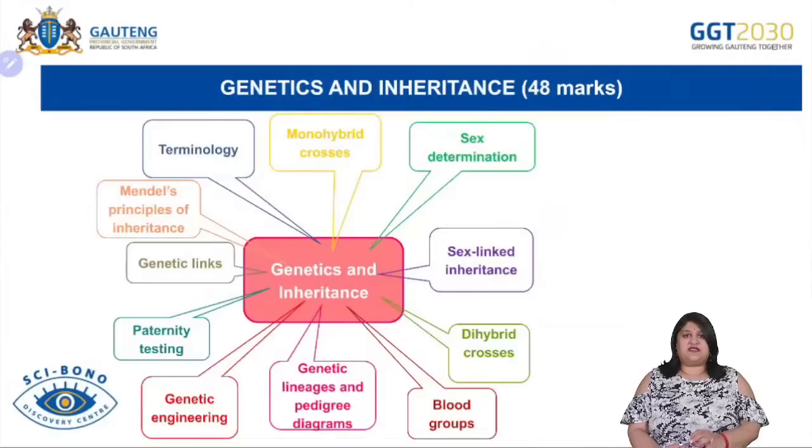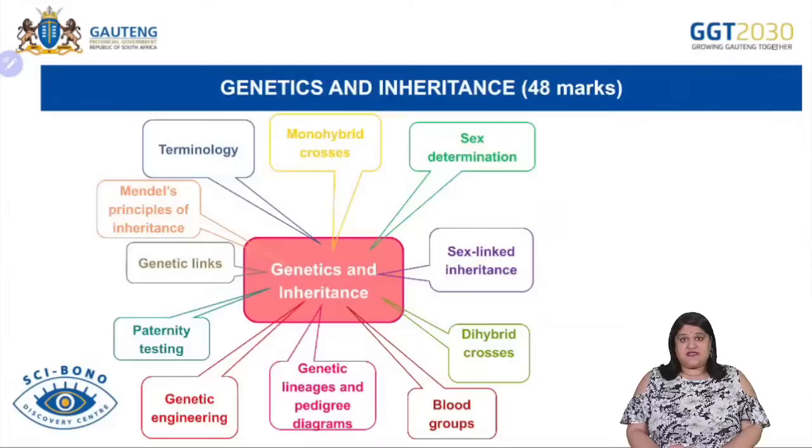Remember that this is just an overview. You must look at your examination guideline, which will give you an indication of how much detail to go into for each subtopic. So just to go quickly through them, here we are looking at terminology, important because many learners confuse some important terms.